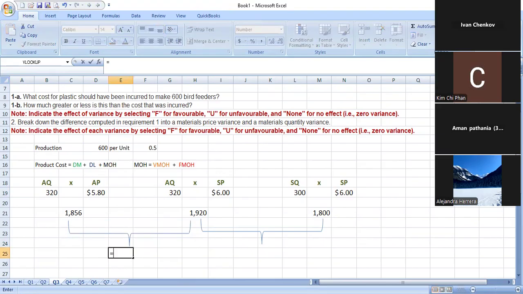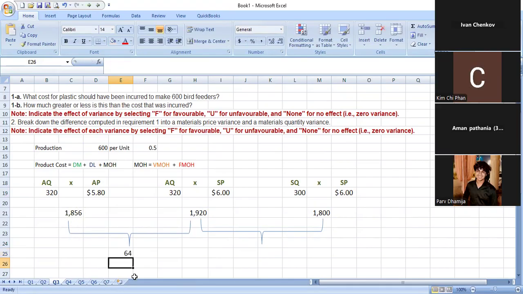How much will my variance be here? That one minus this one, 64. Is that favorable or unfavorable? Favorable, because the cost is going down. How about here? This one minus that one. Favorable or unfavorable? Unfavorable. Cost going up, right?